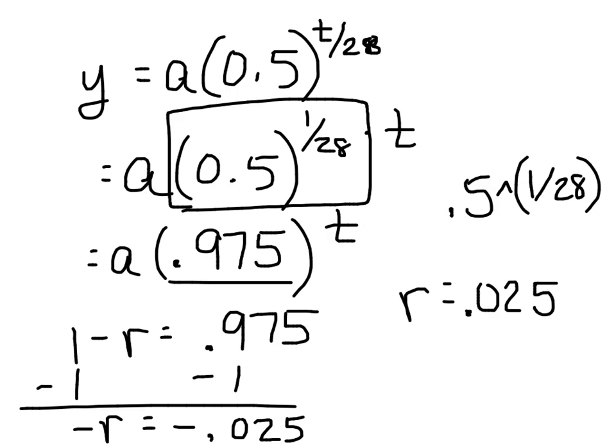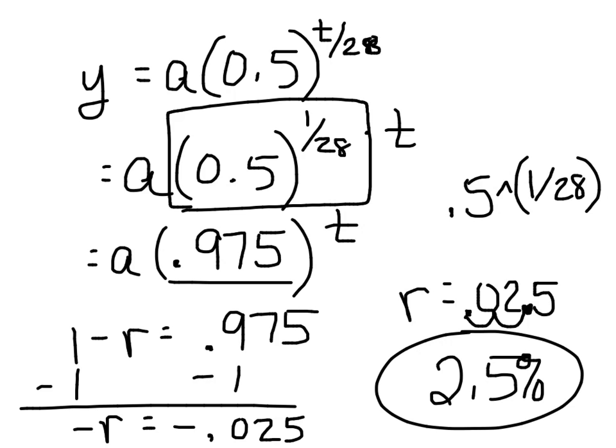Now when we report the rates, what do we usually report them as? Decimals or percents? Percents. So when you want to make that back into a percent, which way do you move the decimal? How far? Good. 1, 2. So how many percent is it? 2.5%.